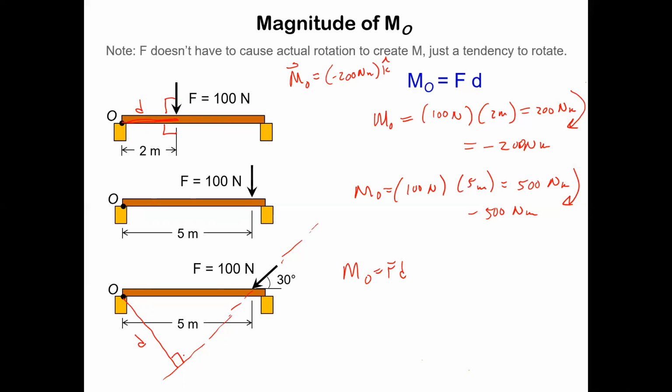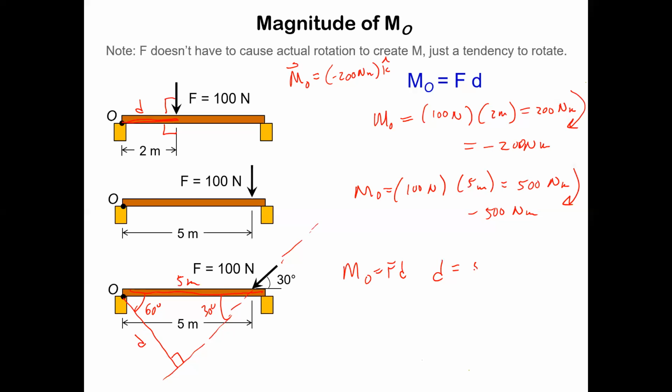In this case, since we have a 30-degree angle here, this is going to be 60 degrees, and you can use your applied trig skills. You can say, well, this distance here is 5 meters, right? So what's D according to trig? 5 meters is the hypotenuse. What's D? Well, let's have a formula for it.